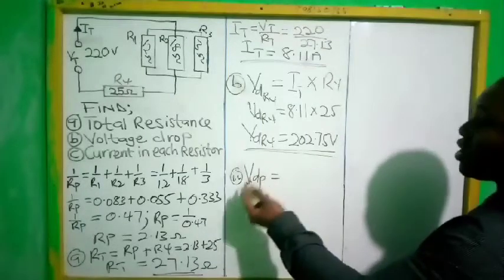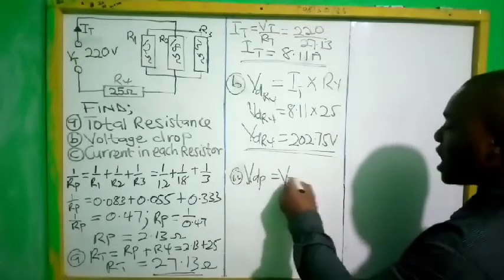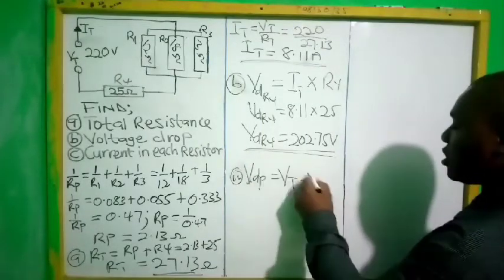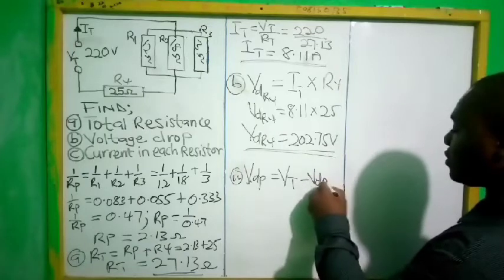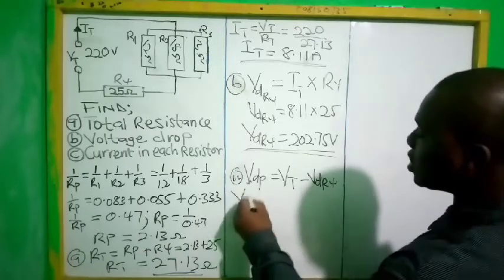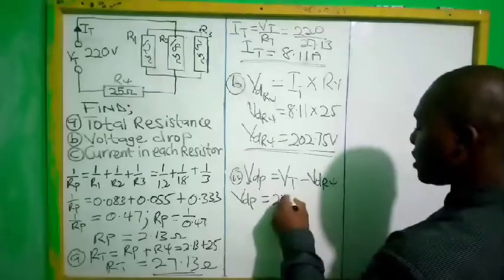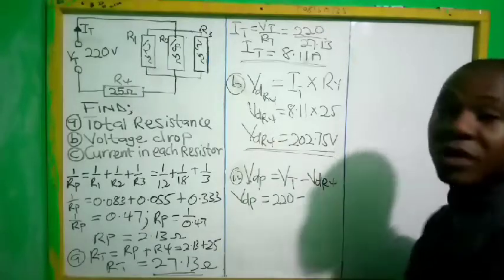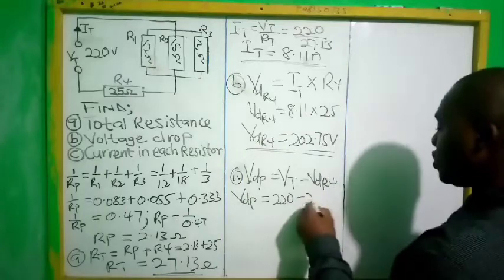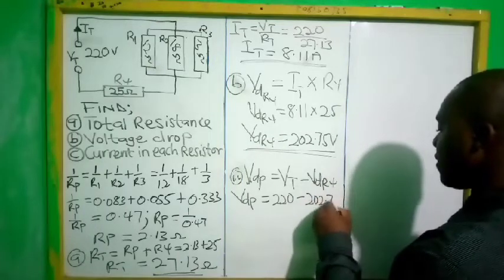So we say voltage drop in parallel is equal to total voltage minus the voltage drop in R4. So the total voltage is 220 minus the voltage drop in R4, which is 202.75.